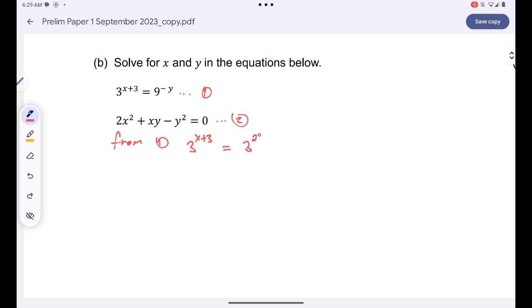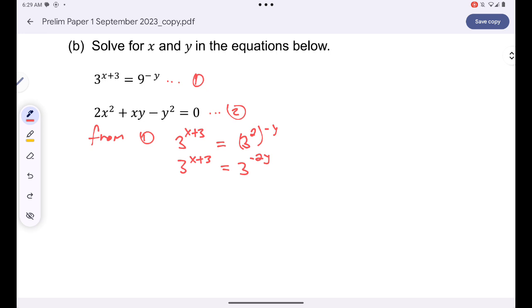Are you together? So this will just give me 3 to the power x plus 3 is equal to 3 to the power negative 2y.